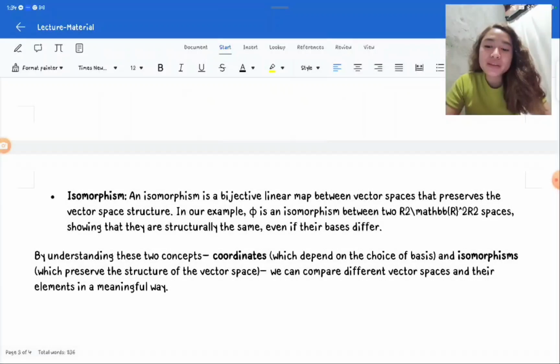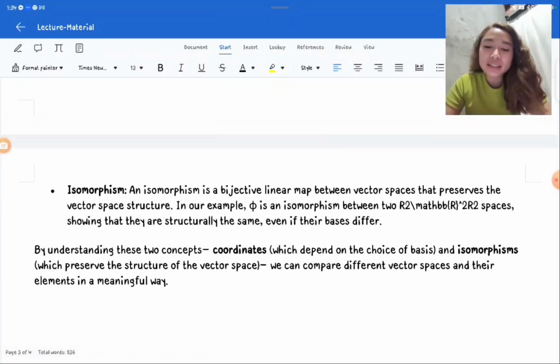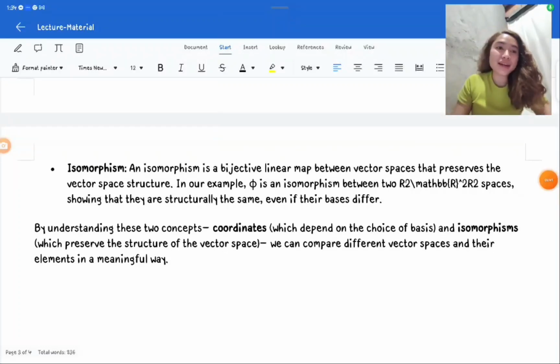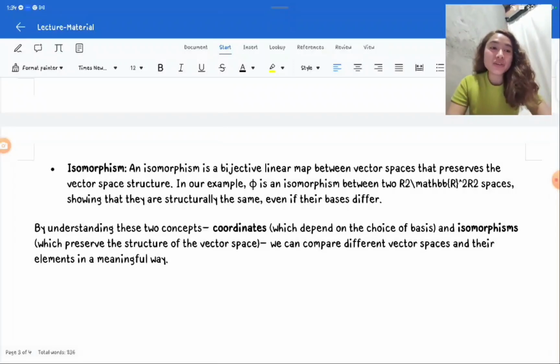If two spaces are isomorphic, they are structurally the same, even if their elements look different or are represented in different bases. By understanding these two concepts, coordinates, which depend on the choice of basis, and isomorphism, which preserves the structure of the vector space, we can compare different vector spaces and their elements in a meaningful way.